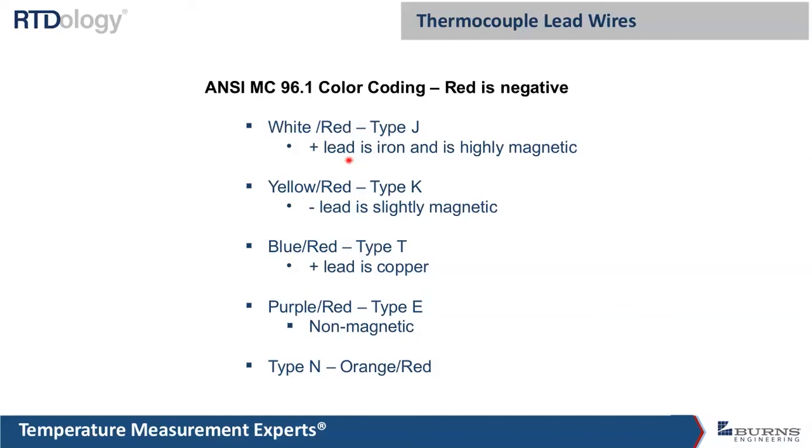So the positive lead is iron, and it's very magnetic, of course. So that's one quick way to do it. The type K, one of the leads is very slightly magnetic. Type T, one of the leads is copper, so you can tell just by the color sometimes. And type E, they're completely non-magnetic. And then the type N thermocouple, which is very similar to a type K, they'll use orange and red.